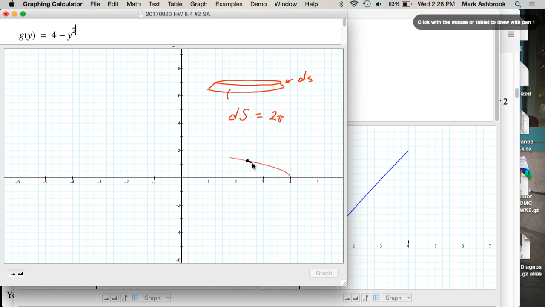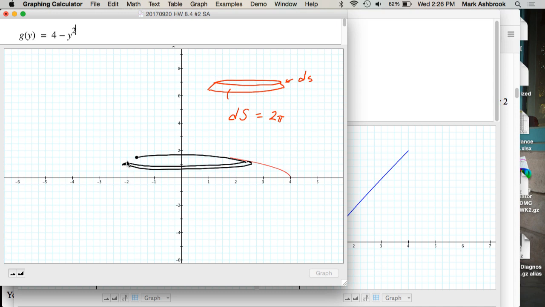So if I draw it here, like that, 2 pi times what's the radius of that? x, right? So it's going to be 2 pi x, good.